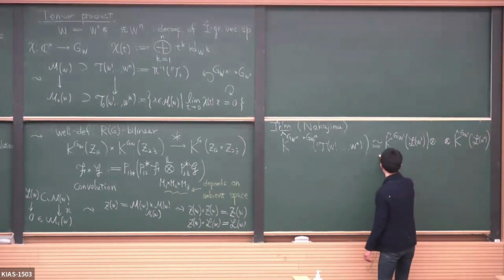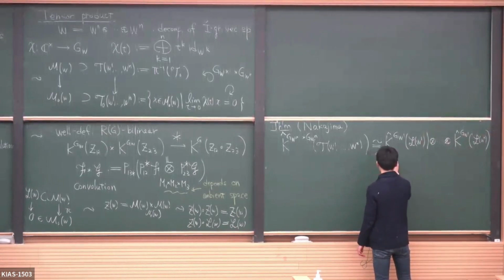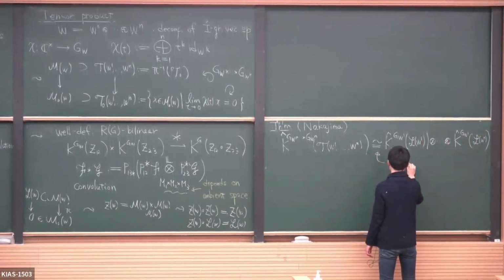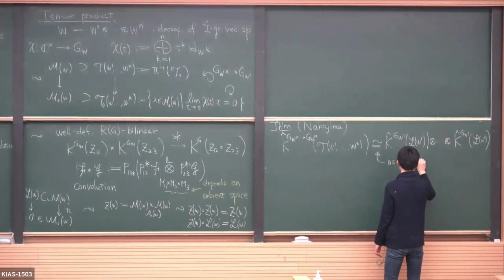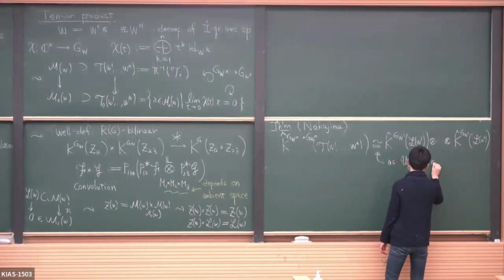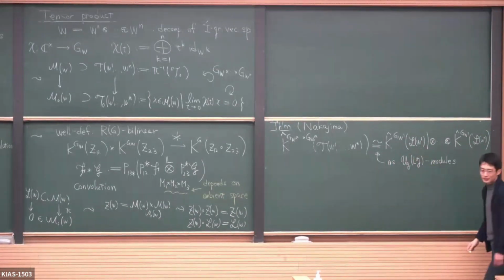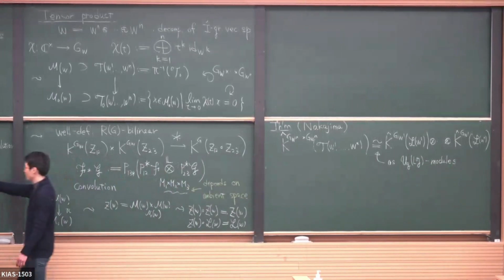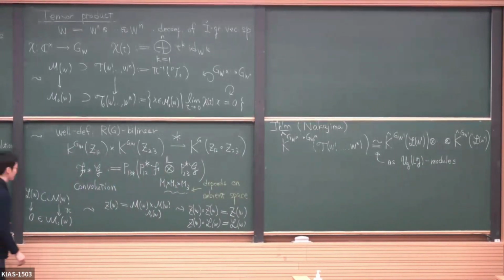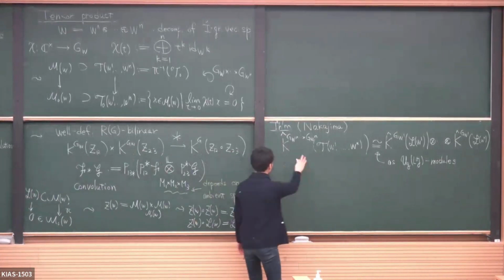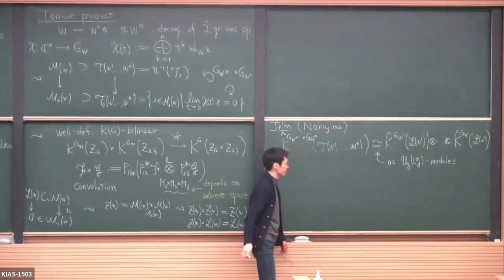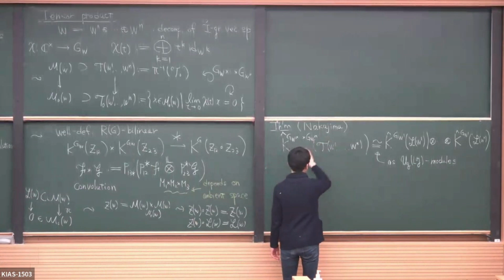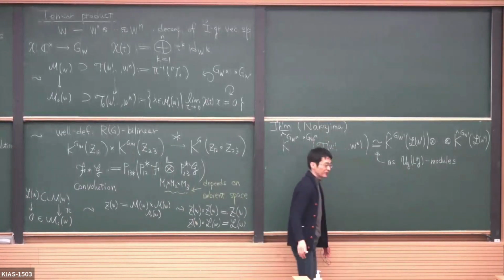And this isomorphism can be seen as modules of a quantum loop algebra. So by using this algebra homomorphism, we can regard the left-hand side and the right-hand side as U_q(Lg)-modules.